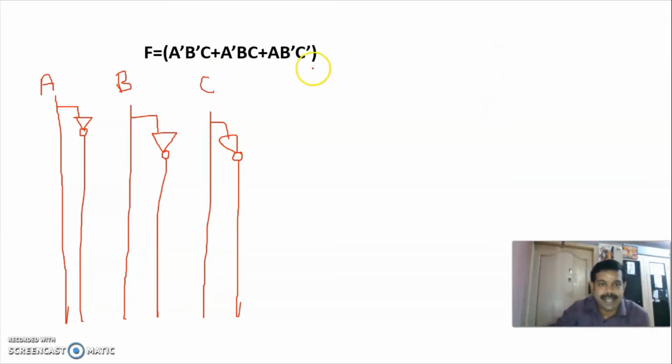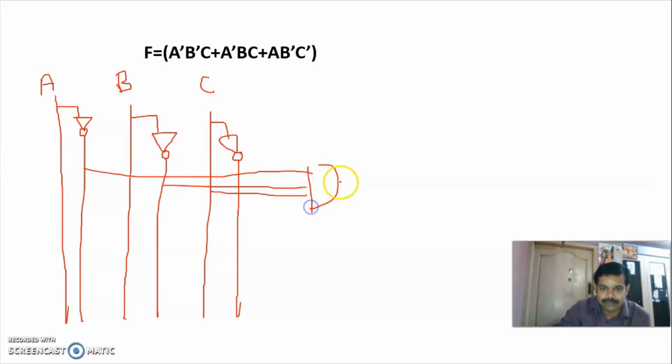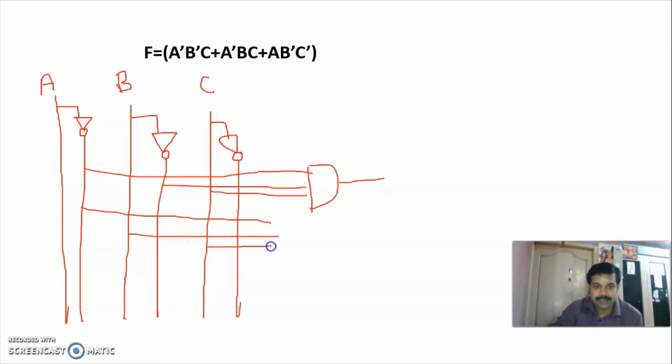Now first term is A bar, B bar, C. So you take from A bar, you take from B bar, you take from C. Okay, give it to an AND gate. Then A bar, B, C. Give it to an AND gate.